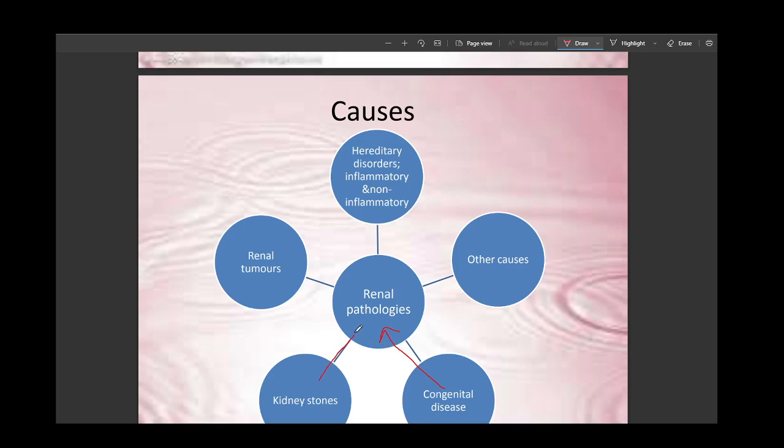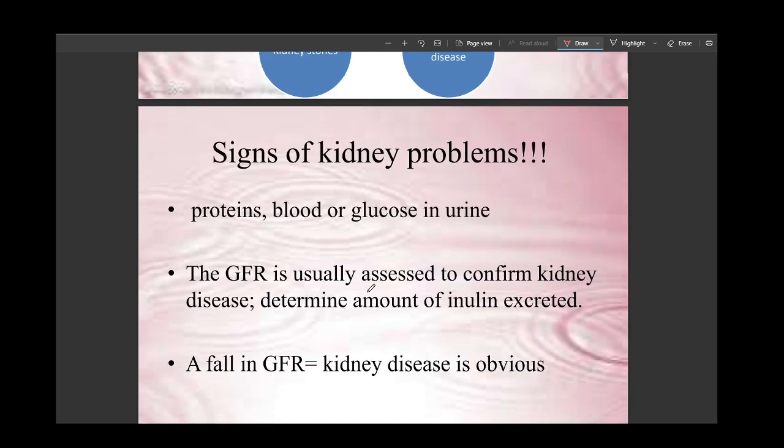Then there are the kidney stones, which can happen before that, calculus forms. And then there are the renal tumors, polycystic kidneys. Okay, so signs of kidney problems: there are proteins, blood, or glucose in the urine, and the GFR is usually assessed to confirm kidney disease and determine the amount of inulin excreted.